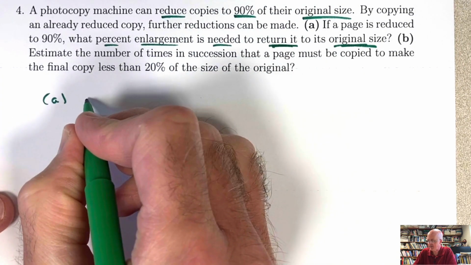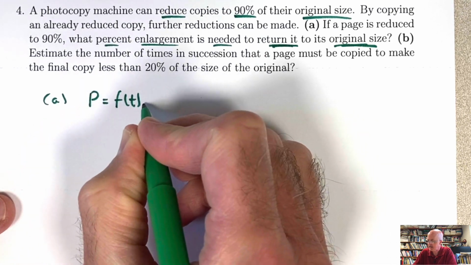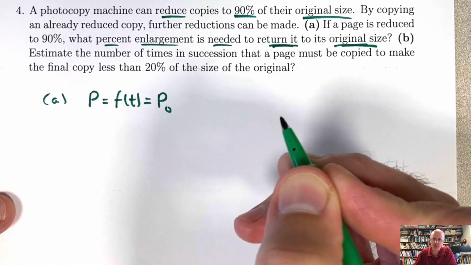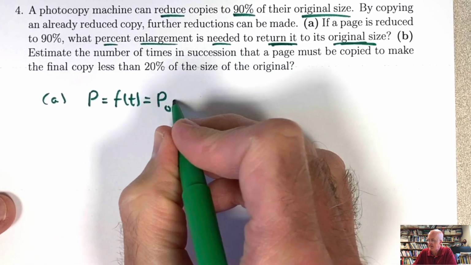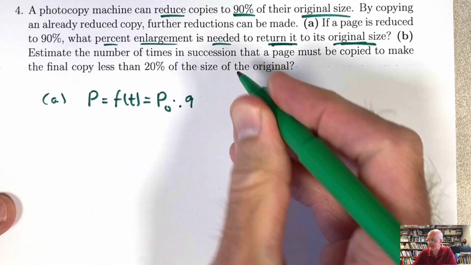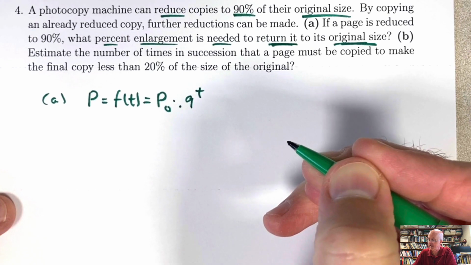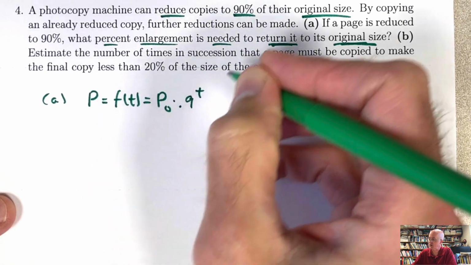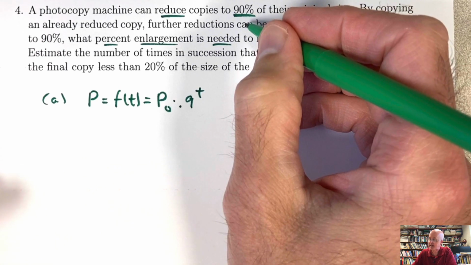Yeah, I could be official and write a function again. I could write P equals f of t equals P sub 0. Here P represents size, you might say. The base of the exponential function is 0.9, and it's going to get raised to the t power. That's what it means for the change factor to be 90%.